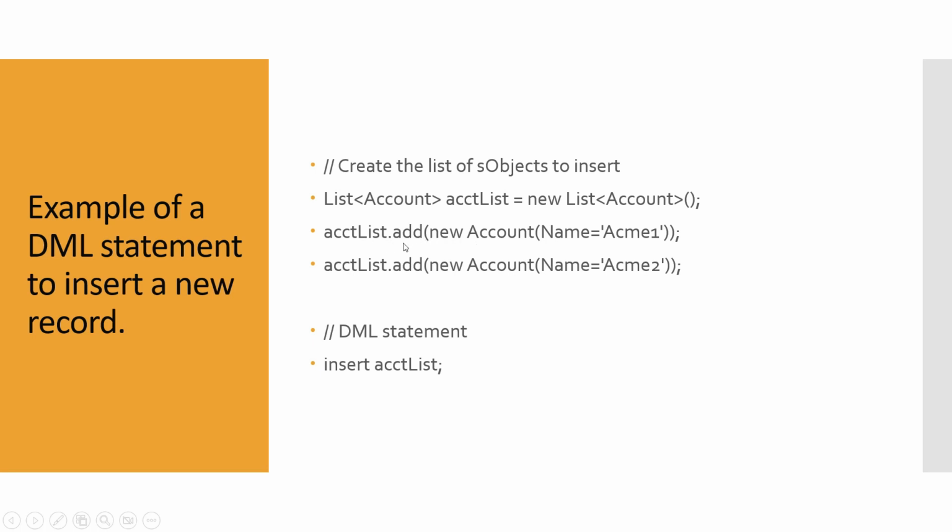In this statement we are adding a new account whose name is acme1, and the next statement adds another account whose name is acme2. So this list contains two account records, acme1 and acme2, and now we are performing the insert operation on this list, insert acctList. This will insert two account records into the database.